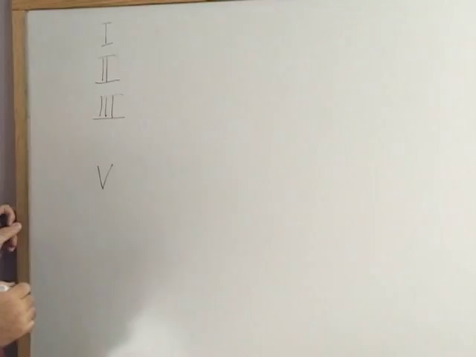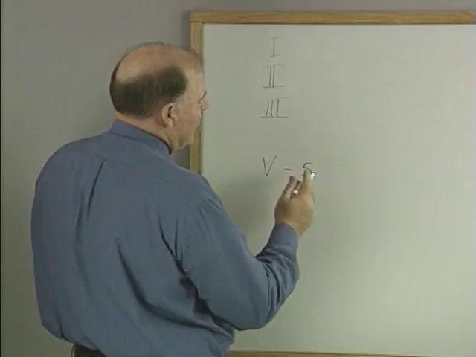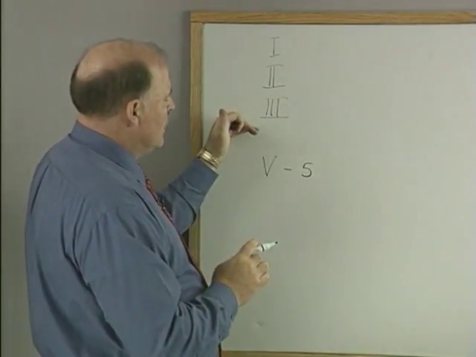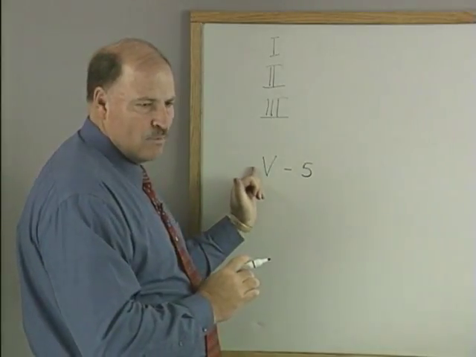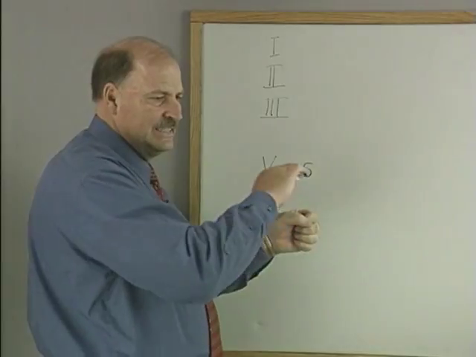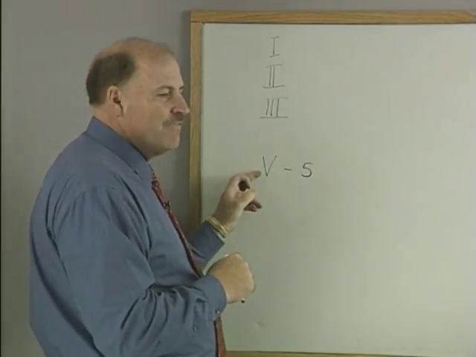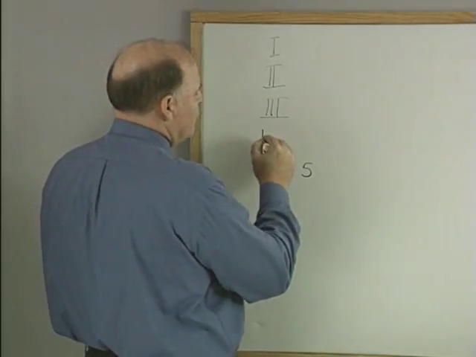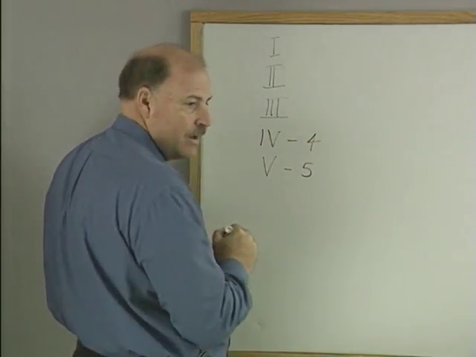What's this? 5. And so we can't do any more than that because we can only do 3 in a row. So let's see, what are we going to do? IV. No, IV means 1 less than, because I is smaller than V, so that's 4, right?